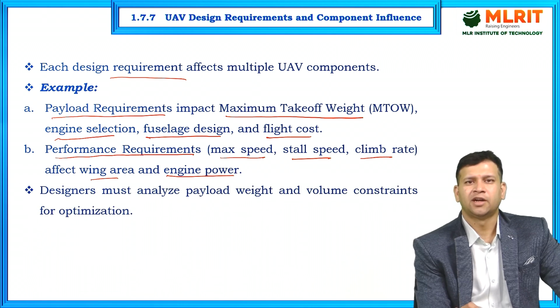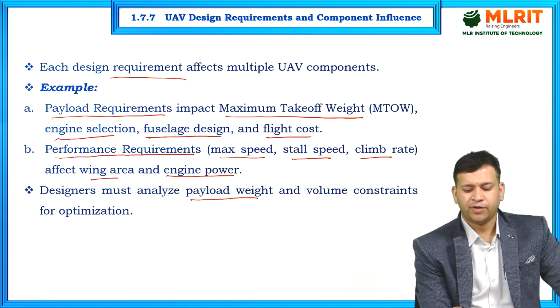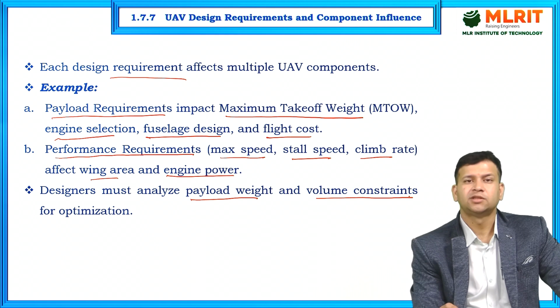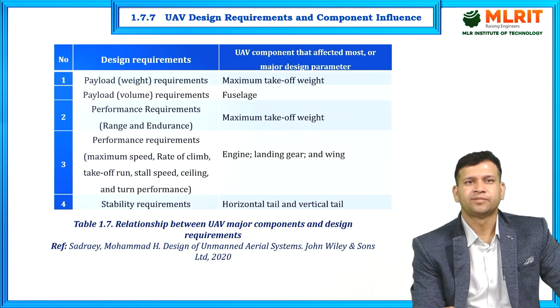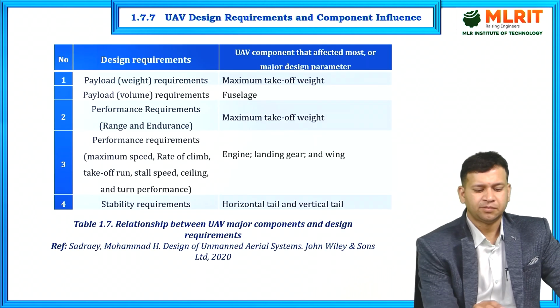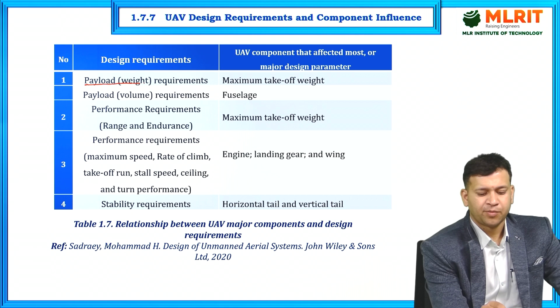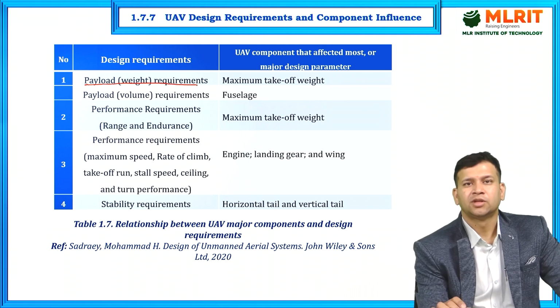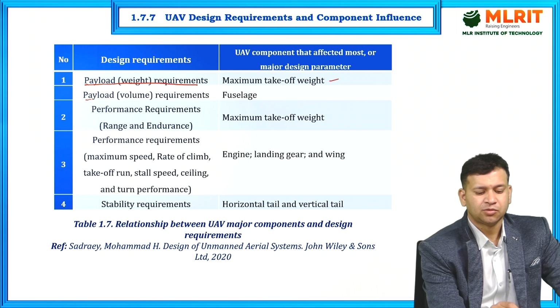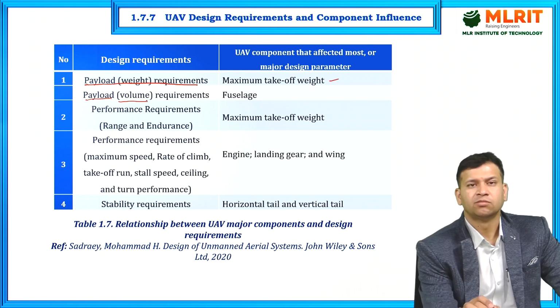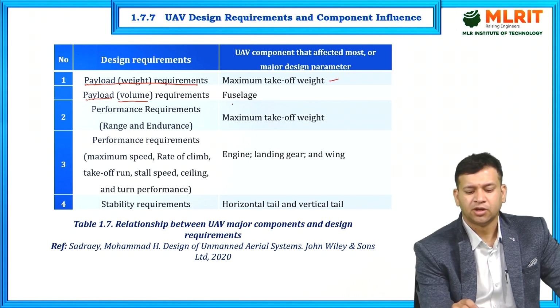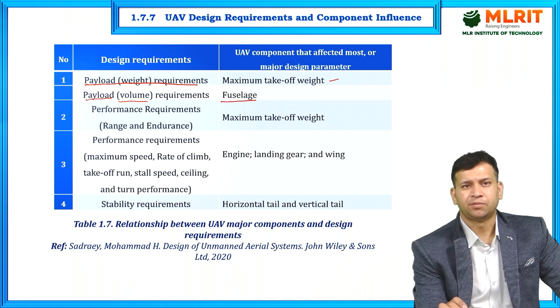Designers must analyze payload weight and volume constraints for optimization. For example, payload weight requirements will affect maximum takeoff weight, and in terms of volume, it will affect the fuselage shape.